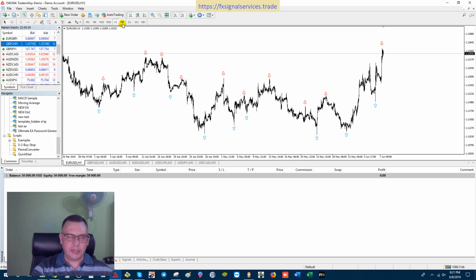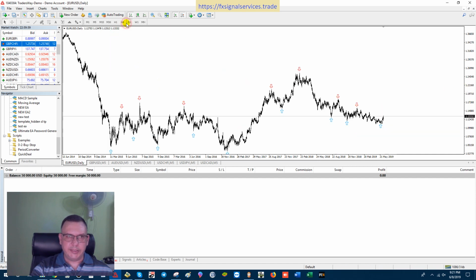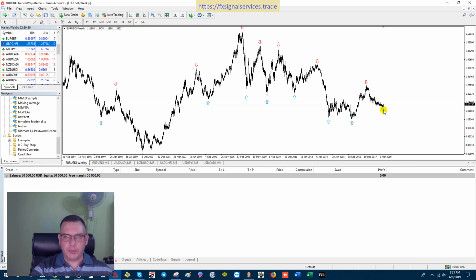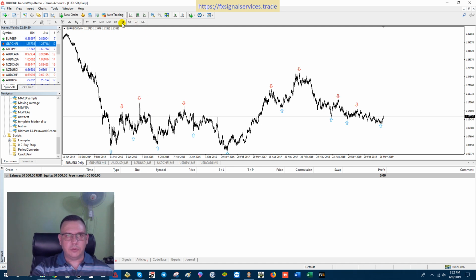But if we look at the higher time frames, the 4-hour shows a down arrow, but the daily has an up arrow, and the weekly has an up arrow, just started an uptrend on the weekly, and the monthly has an up arrow as well. So the larger time frames are showing bullish.